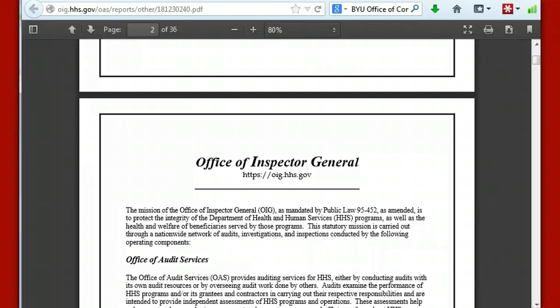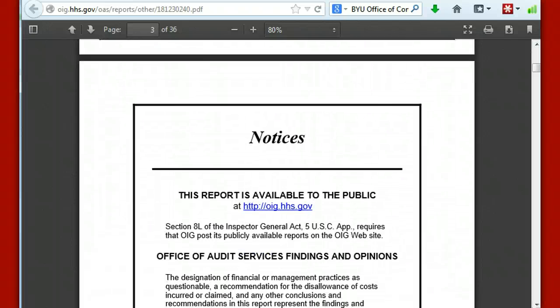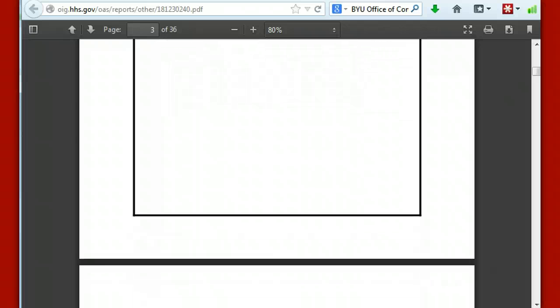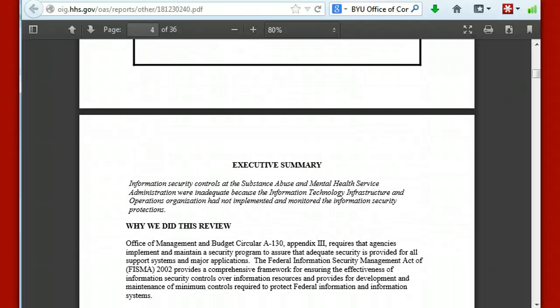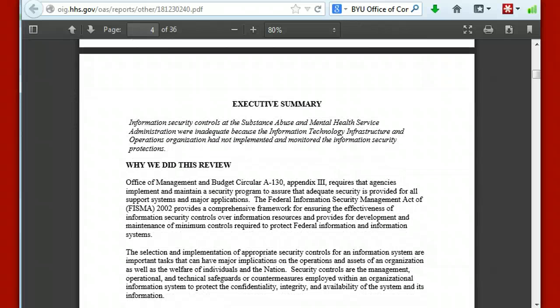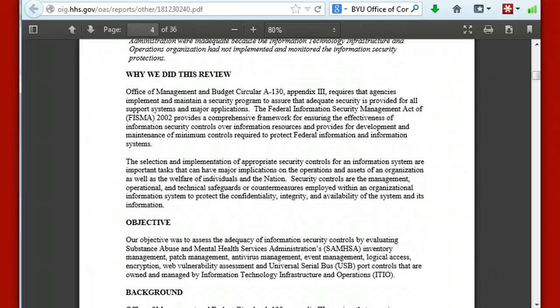So I'm just going to scroll down. This is all the same. Every audit has that same boilerplate pages. So they get down to the executive summary. This can really tell you if this is something that's going to apply to your organization. You can see that they looked at information security controls to protect federal information.